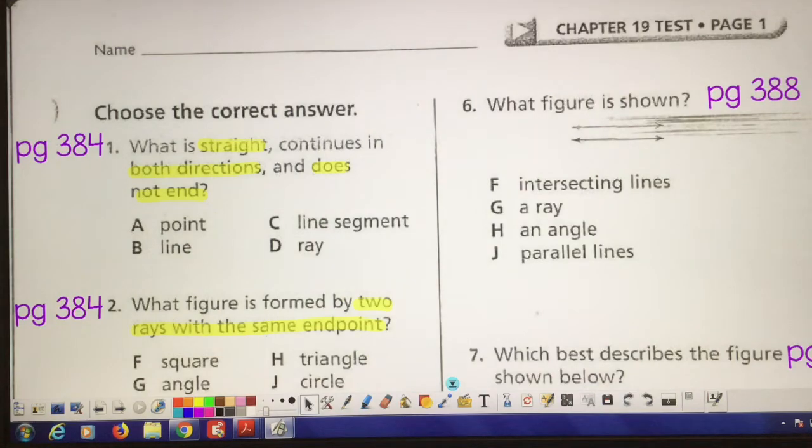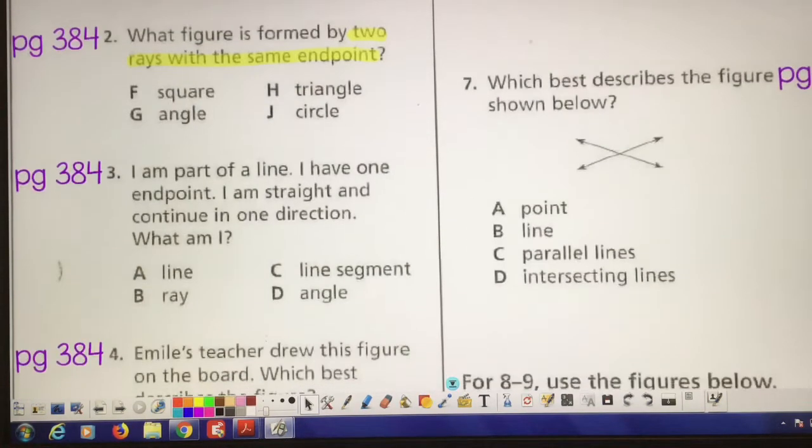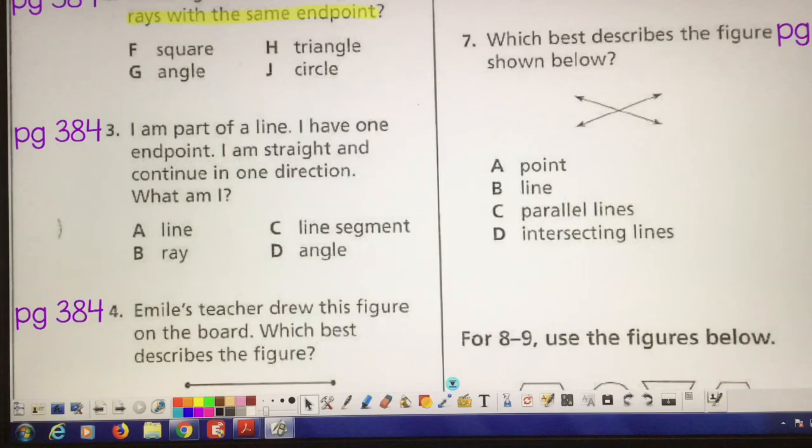Number 3 is kind of like a riddle. I am part of a line. I have one endpoint. I am straight and continue in one direction. What am I? So I have one endpoint, it is straight, and it only goes in one direction.